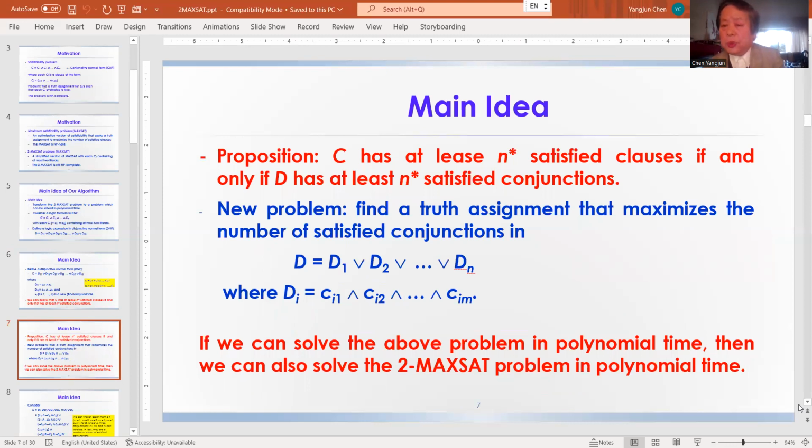Then we have a new problem to find a truth assignment that maximizes the number of satisfied conjunctions in a logical formula like this, where each di is a conjunction. If we can solve the above problem in polynomial time, then we can also solve the two-merge sort problem in polynomial time.